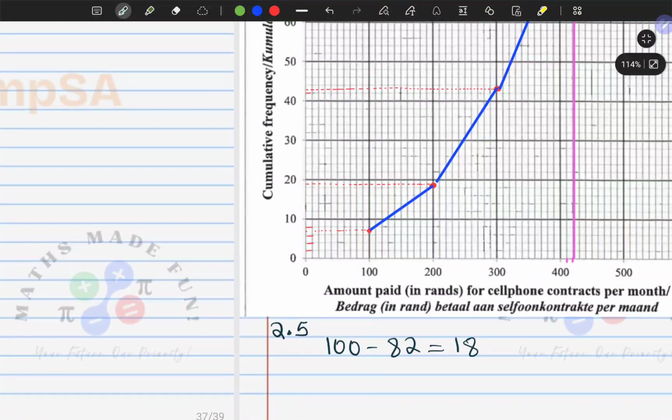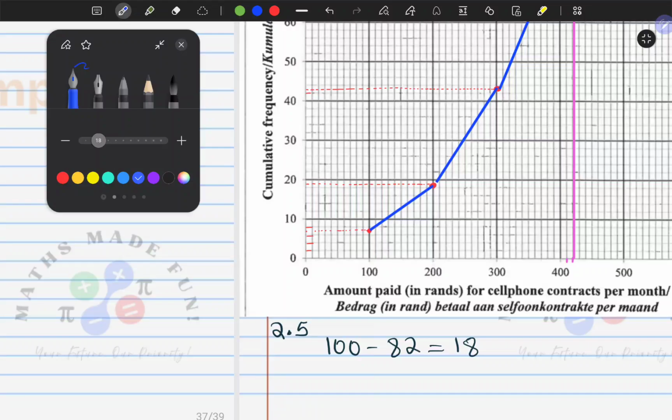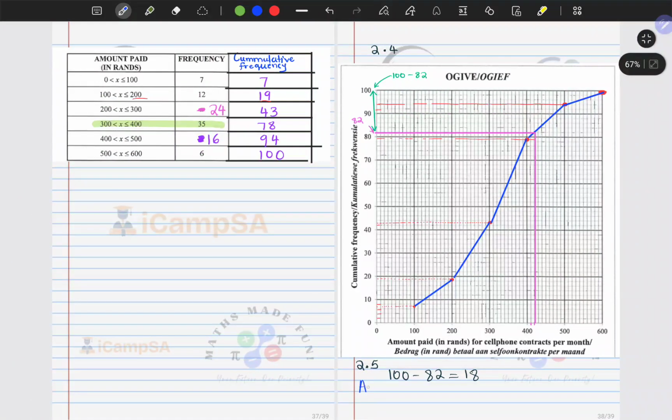So what then is our answer? Well, let's put it in words. So our answer in words is that we have at least 18 people paying 420 or more.